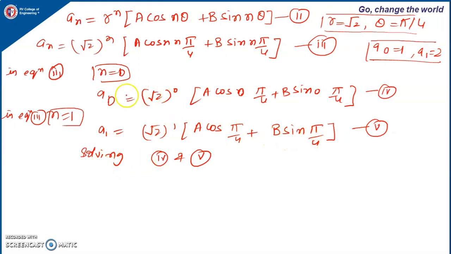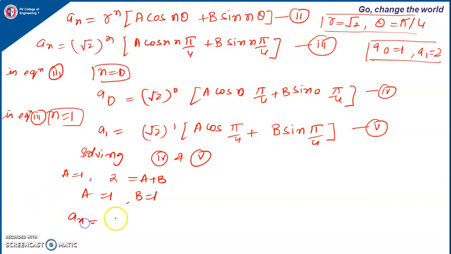We get a as 1, and the second one, a1 is 2, so 2 is equal to a plus b. With that we get a as 1 and b as 1. Once we get the value of a and b, we have to substitute in equation 2.